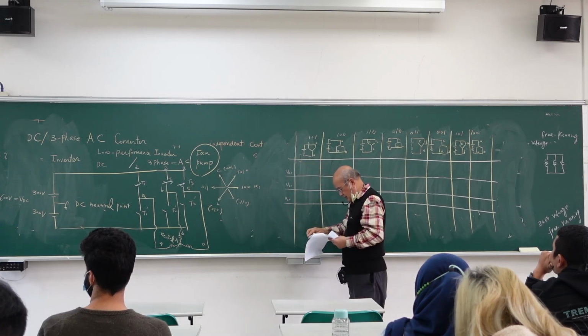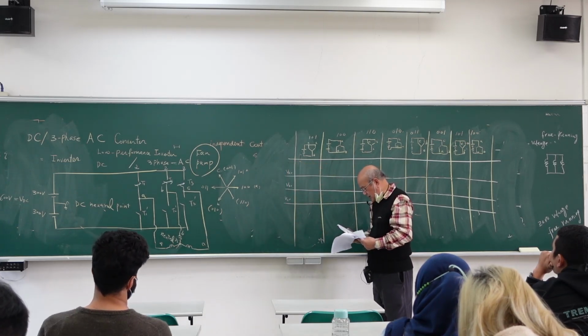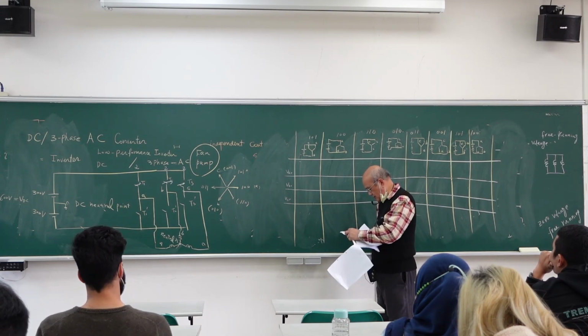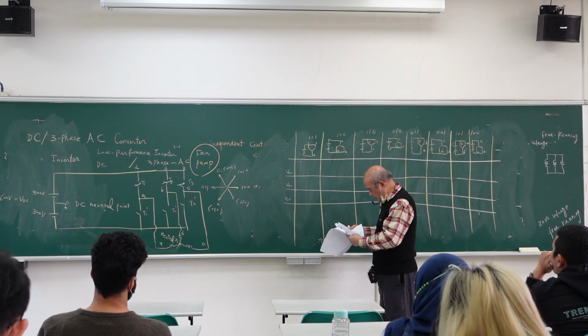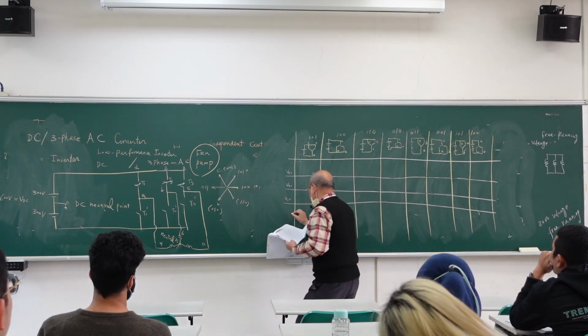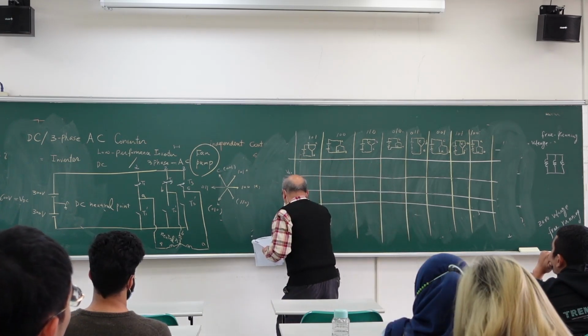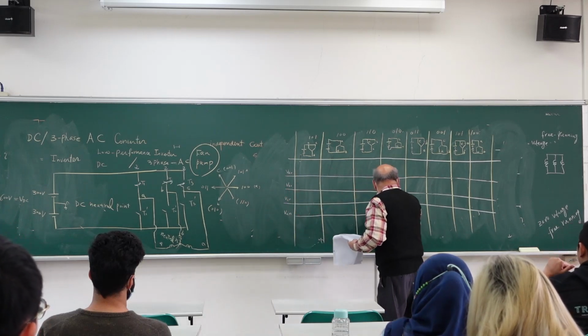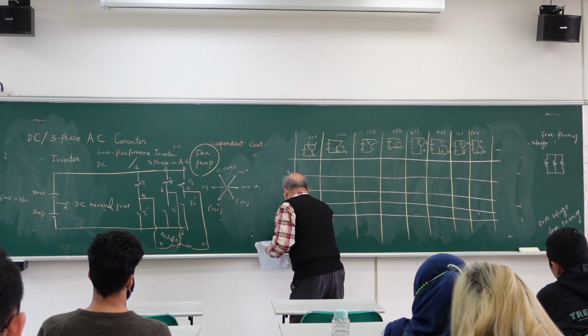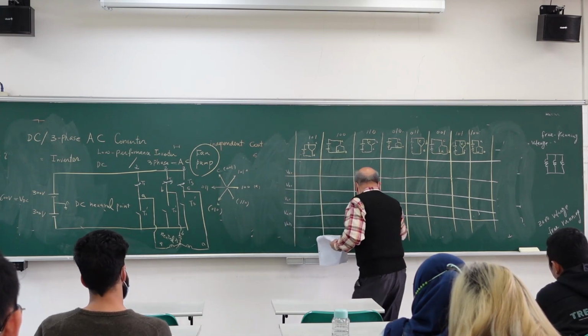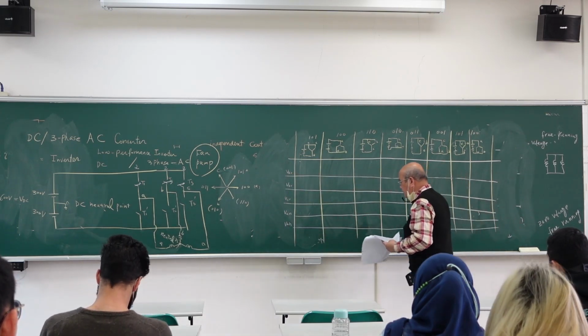And then next one, we want to draw VAN. Then VBN. Then VCN.